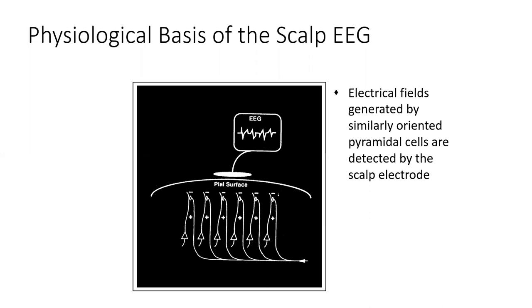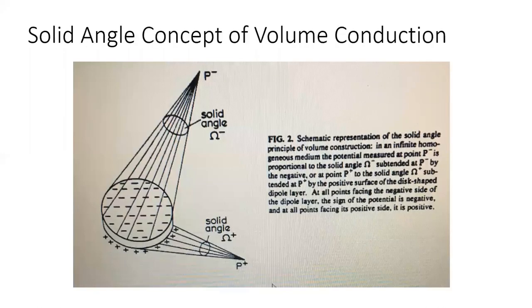Like I said, this signal needs to be amplified significantly in order for us to see it, because we're talking about very small potentials. The brain itself acts as the electrical generator of bioelectric potentials, in addition to the volume conductor itself. The concept of volume conduction is really just a 3-dimensional angle. We're looking at the surface area of a sphere.